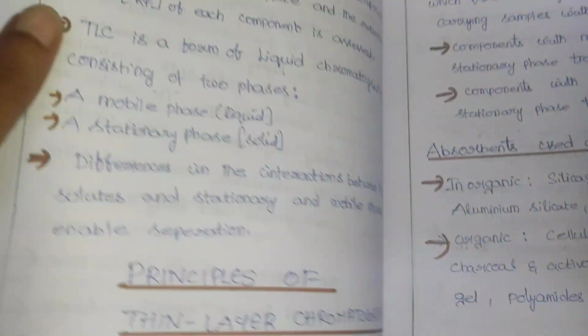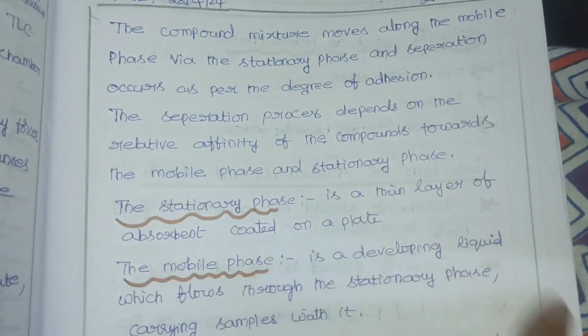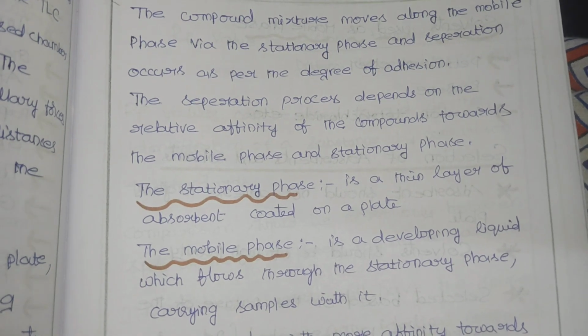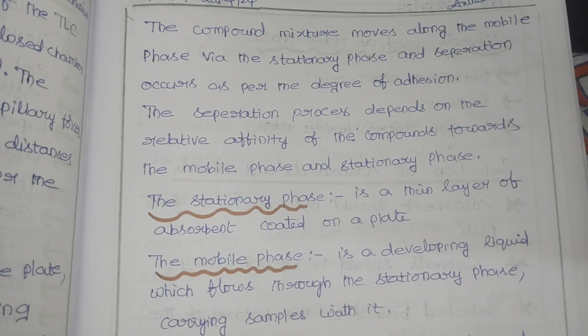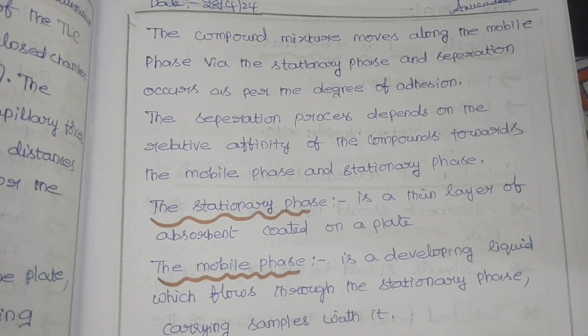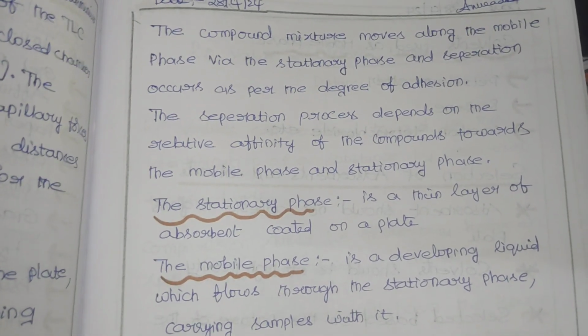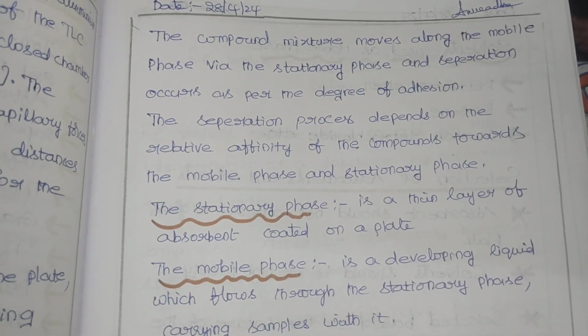The principle of thin layer chromatography is that the compound mixture moves along the mobile phase via the stationary phase, and the separation occurs as per the degree of adhesion. So what are cohesion and adhesion?